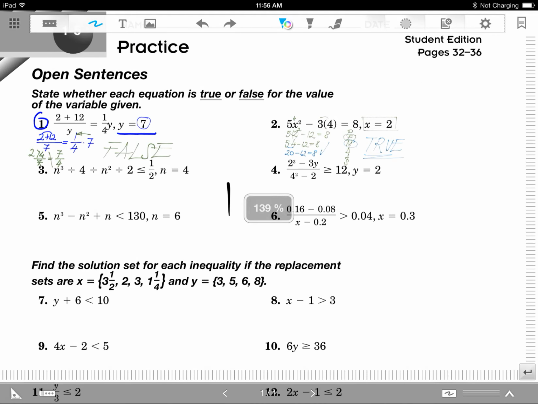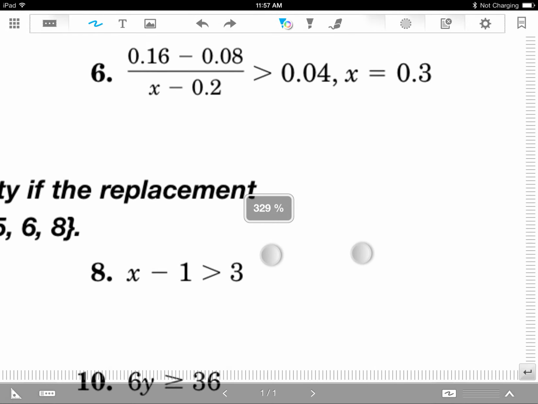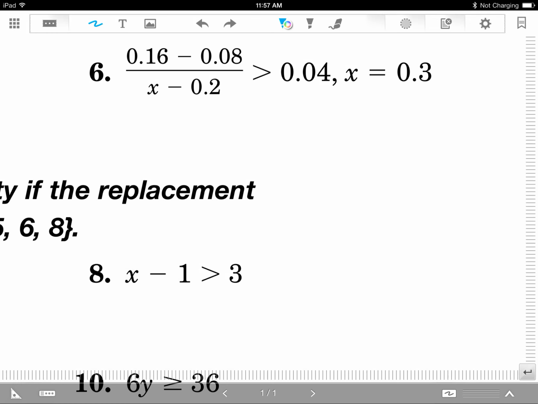on some problems. Okay, problem number 6 will be the next one. We need to state if this equation is true or false for the given value for your x, right? And here's problem number 6. So what you have? Well, you actually don't have an equation, you have an inequality, right?